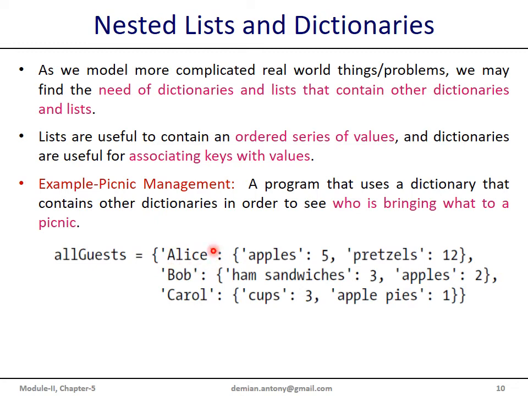This is the dictionary where the key is the name of a person who is attending the picnic or participating in the event, and the value is another dictionary which has as key the item, and the value is the quantity. Apples, 5 numbers, and so on. And Bob is getting sandwiches, 3 numbers, apples, 2 numbers.